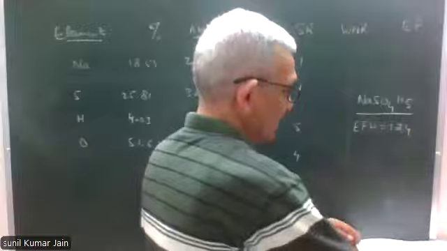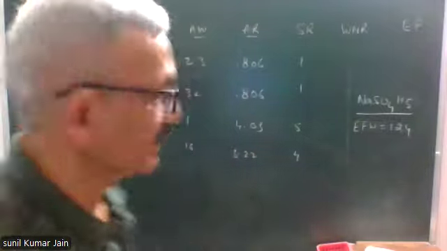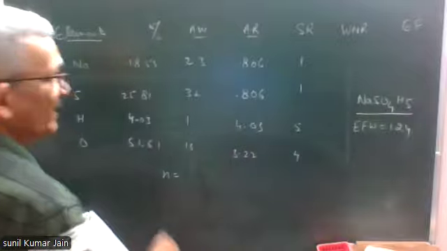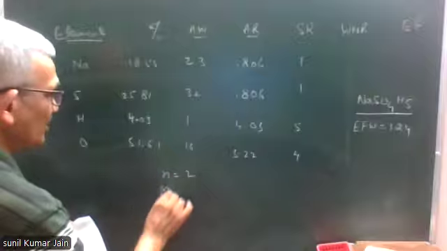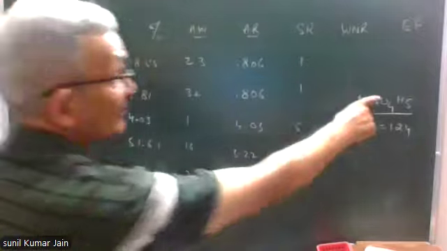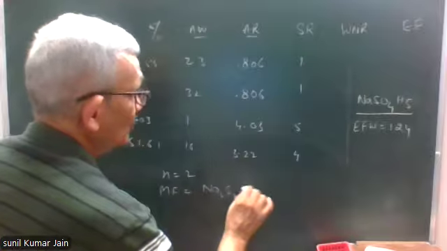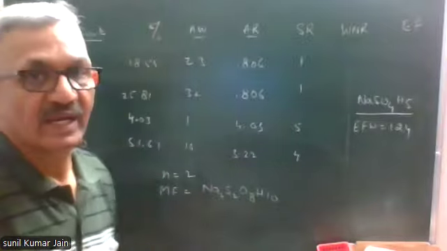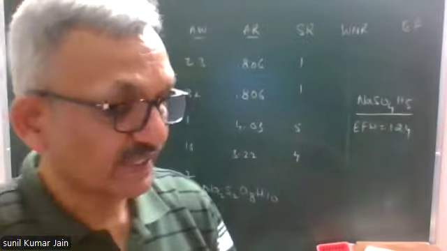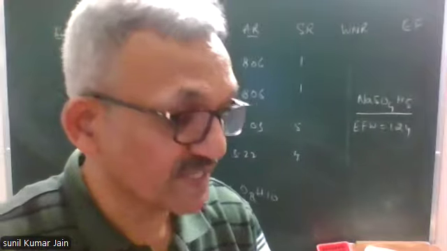Now we are given that molecular weight is 248. It means value of N will be 248 divided by 124, that is 2. So molecular formula will be double of this. Double of this will be Na2S2O8H10.